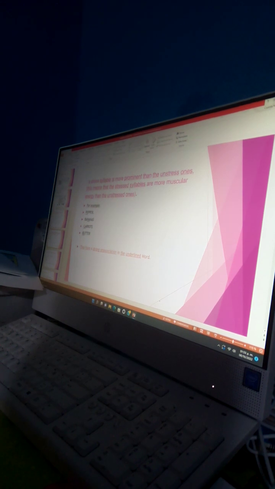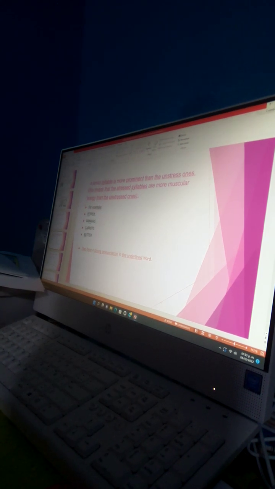You put your lips together, pepper. Bananas, carrots, butter, right? The underlined syllables are the ones that are stressed, okay? So that means that you have to focus on the pronunciation. Pepper, bananas, carrot, butter. They have a strong pronunciation in the underlined syllables.